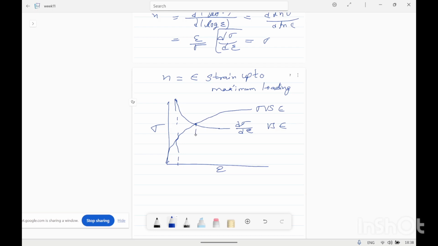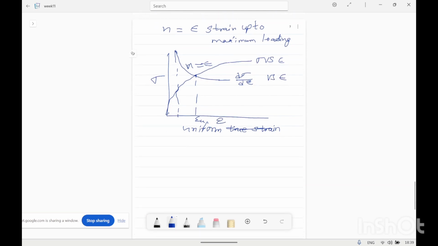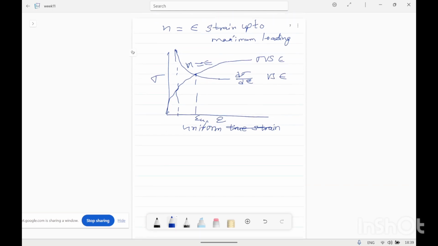The strain at this point is called epsilon u, which is the uniform true strain. At this point the exponent will be equal to epsilon, the uniform strain. This equation can also be written in engineering strain terms.